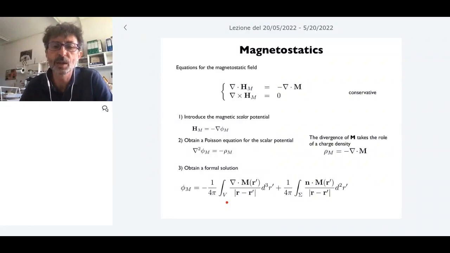So suppose that you have a body, a sample, where the magnetization is uniform. Then the first term is equal to zero. But you will never be able to put the second term to zero, and you will always have a contribution from the surface. So please keep in mind that this magnetostatic term from the surface you cannot eliminate if you are working with a finite sample. That is most of the cases.